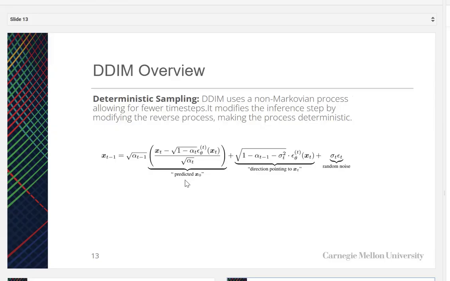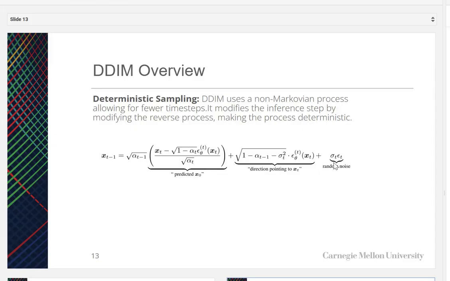So here the predicted x0 represents the next step prediction of the clean data, adjusting the current data xt by removing the scaled estimated noise.